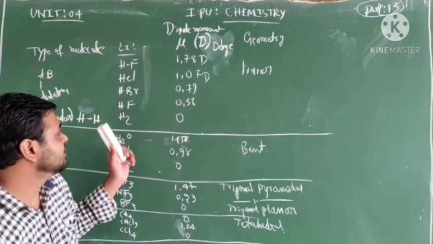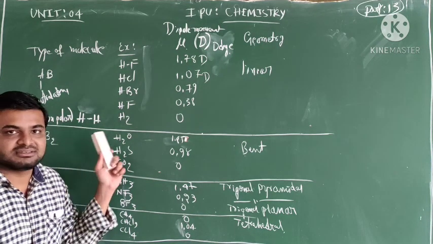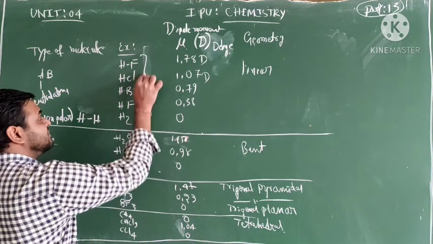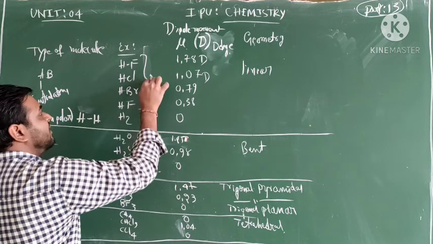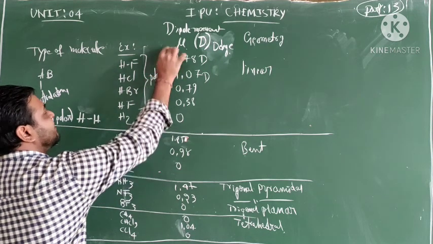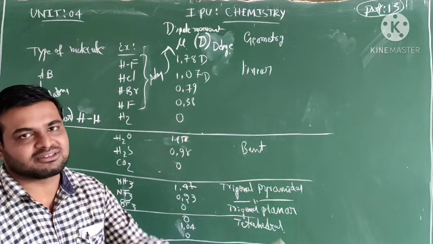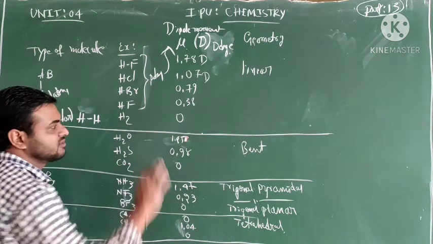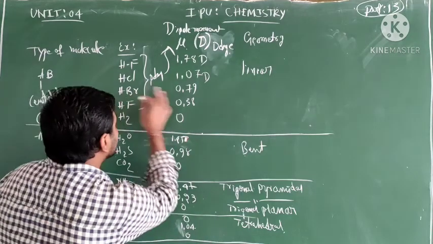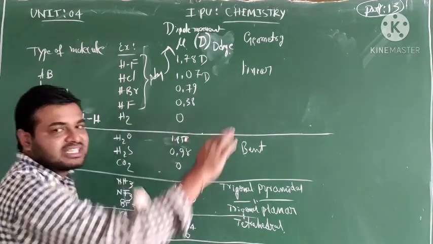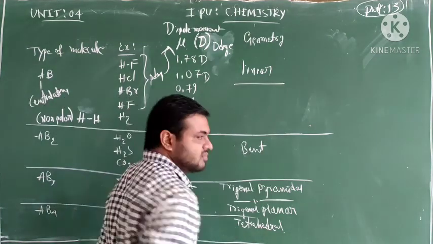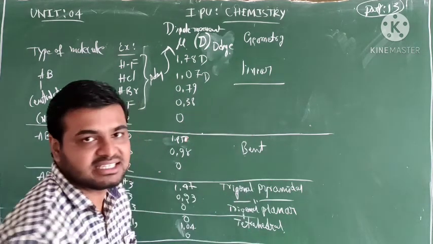So H2 is a non-polar compound. The others are polar, and polar molecules give dipole moment values because of different electronegativity. So H2 gives 0. All of these have a linear structure; the geometry or shape is linear.